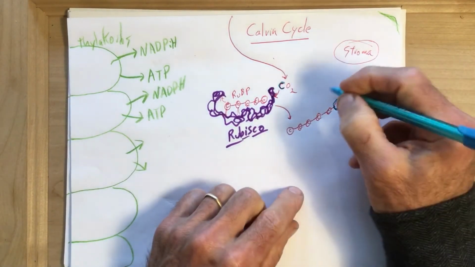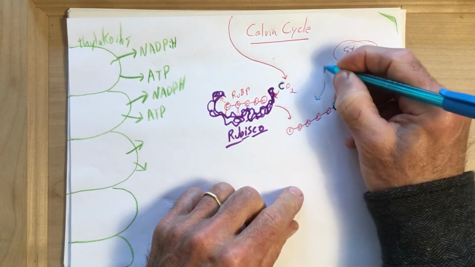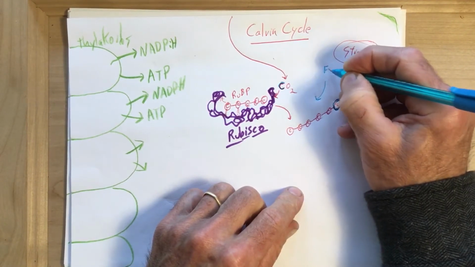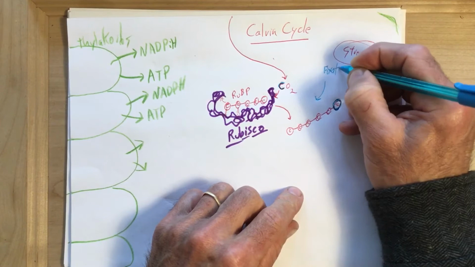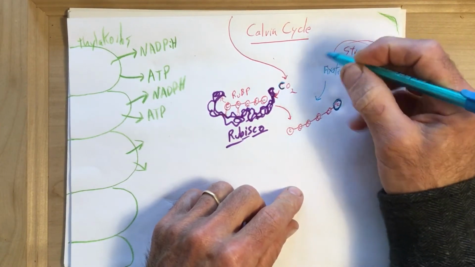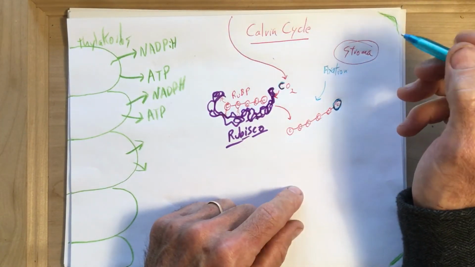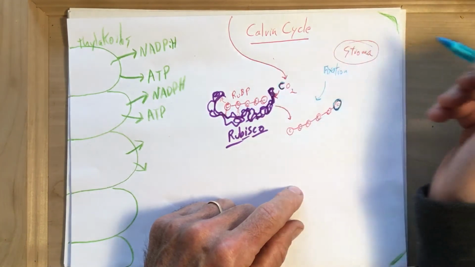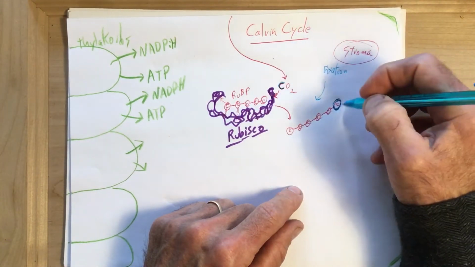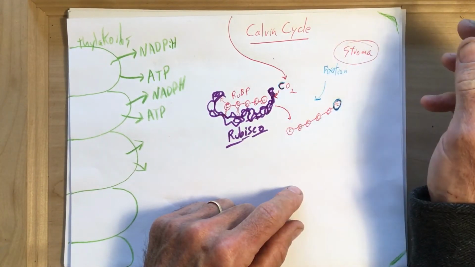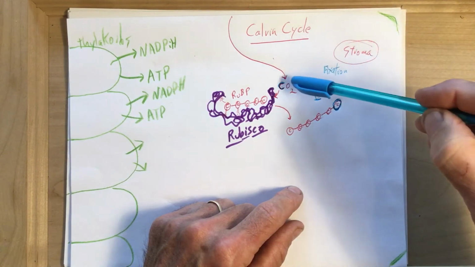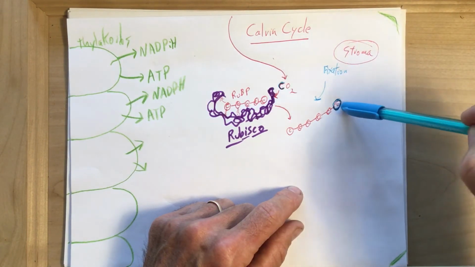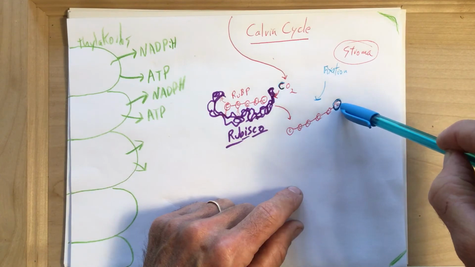All right. This is a super important step. It's called carbon fixation. Carbon fixation is when carbons are taken from the outside environment, the atmosphere, fixed to an organic molecule, and now it's permanently attached to an organic molecule. So we've taken an inorganic carbon, added it to an organic molecule.